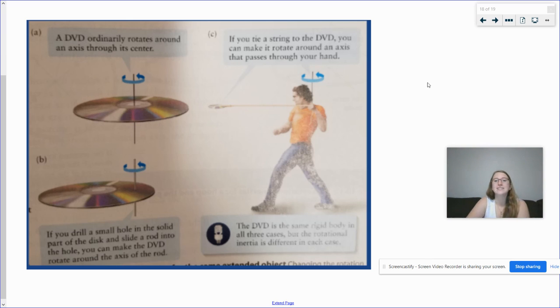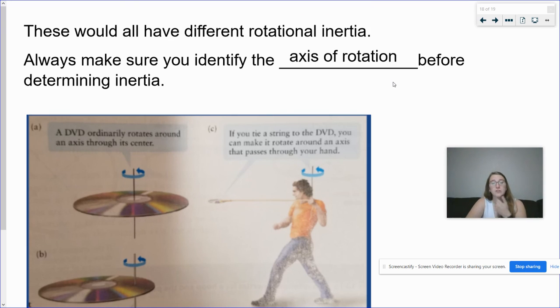Those are all different rotational inertias. And so, again, it's really important to understand this distance from the center. This is a different distance, this is a different distance, and this is a different distance. So just keep that in mind. It's really important to ask yourself, how far away am I from the center?